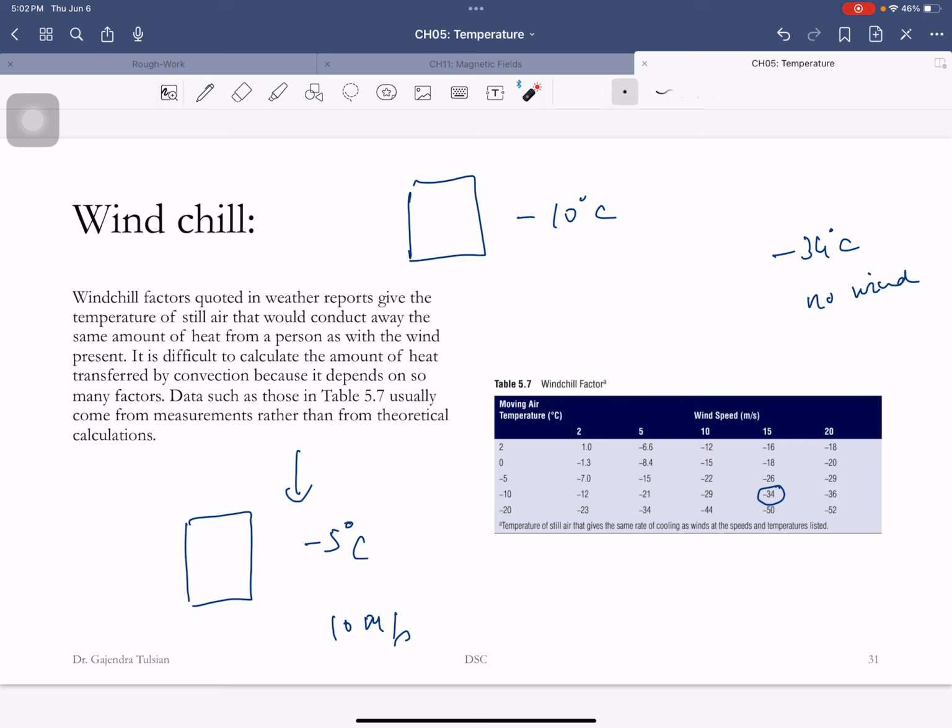So that's the effect of wind chill. Minus 10 degrees Celsius air blowing at 15 meters per second feels like minus 34 degrees Celsius.